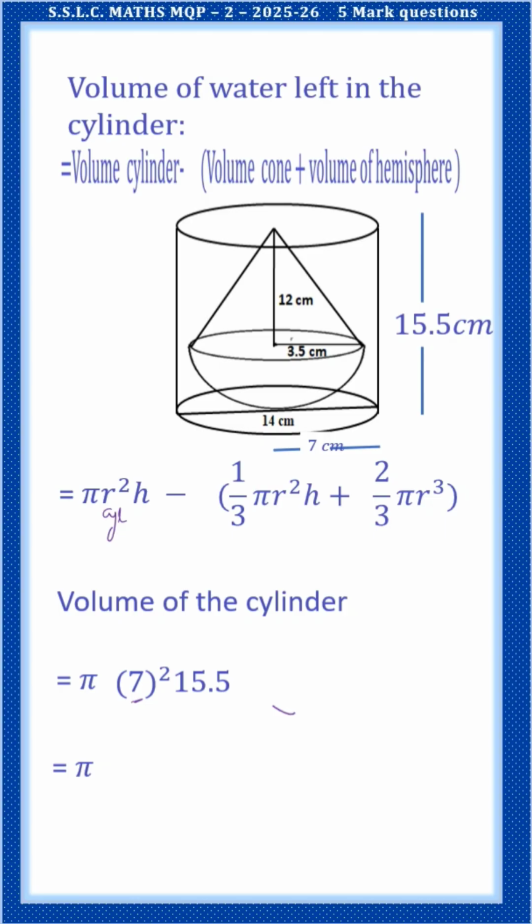Let us simplify it in the next step. 7 square is 49 into 15.5. So 15.5 into 49 into pi, that is equal to 759.5 pi centimeter cube. So volume of cylinder is 759.5 pi centimeter cube.